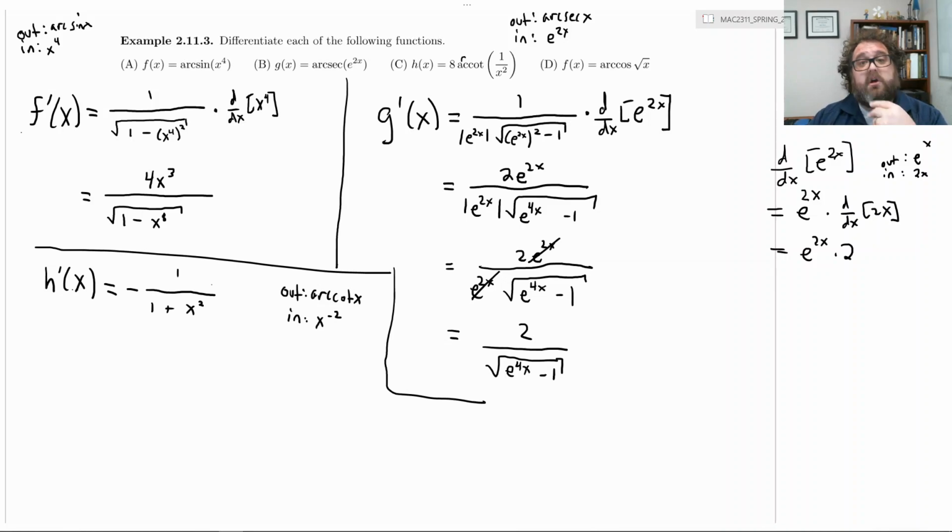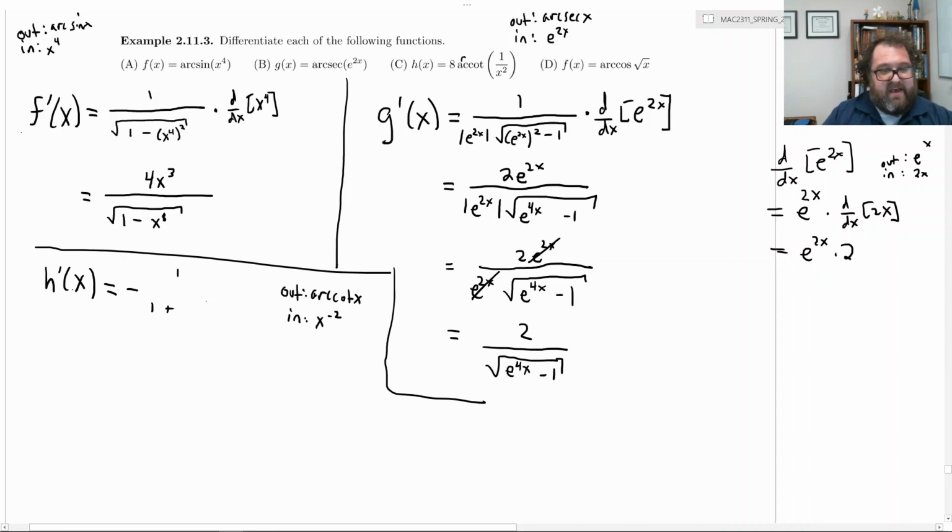Step 2 of the chain rule, we evaluate that at the inside function. I said the inside function was x to the negative 2 power. I guess I should be more nuanced. I don't really necessarily want to use a negative exponent here.